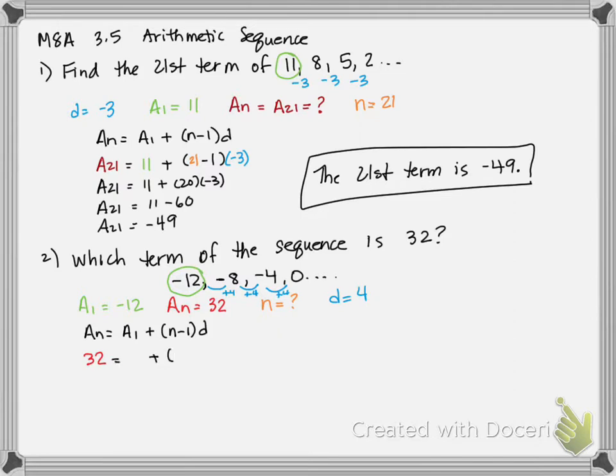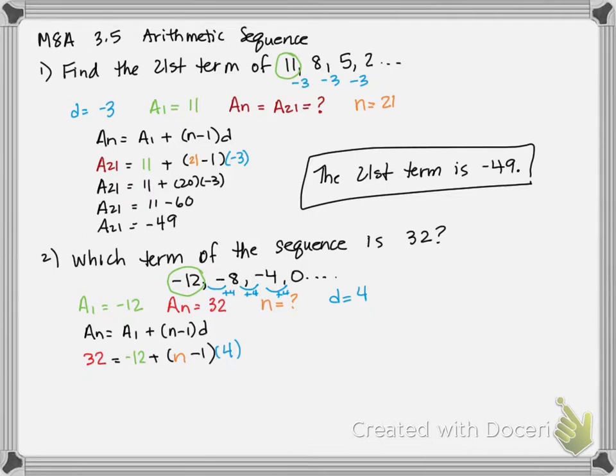The plus, the parentheses, the minus 1. A sub 1 is negative 12. N is n. D is 4. All right, so let's see. I'm going to go ahead and distribute.